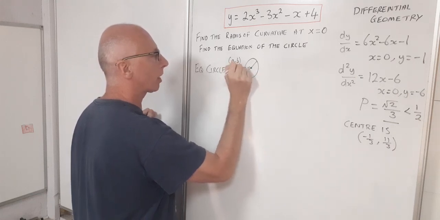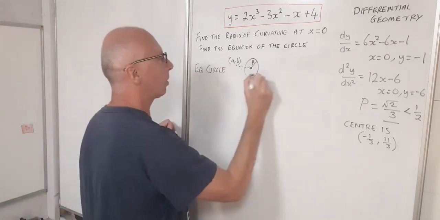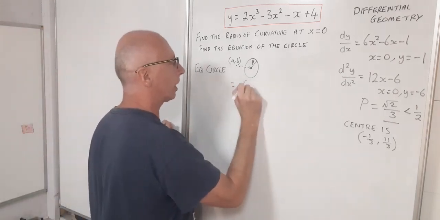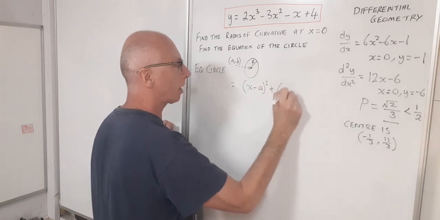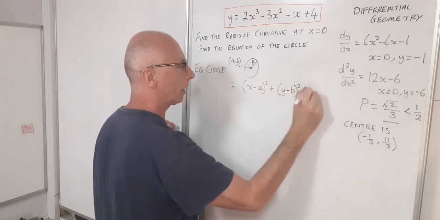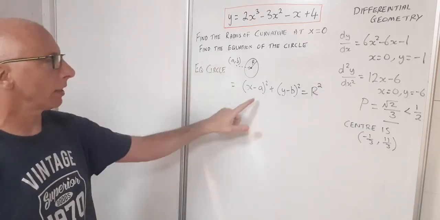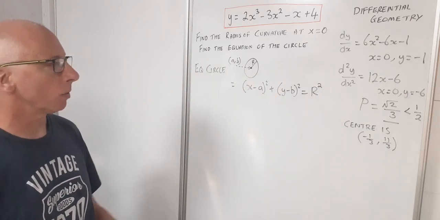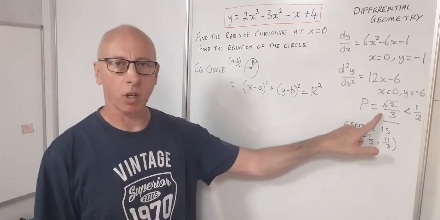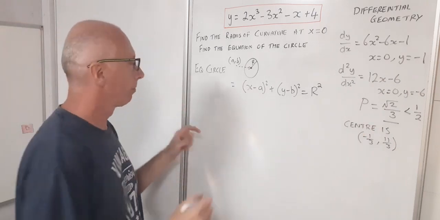That's our coordinates a comma b, and we've got the radius r. We know that equation of that circle is x minus a squared plus y minus b squared equals that radius squared. That will give me the equation of that, with the a and the b being the centre of that circle. Well, we've got the centre of the circle, we've got the radius, so let's draw up that circle's equation.